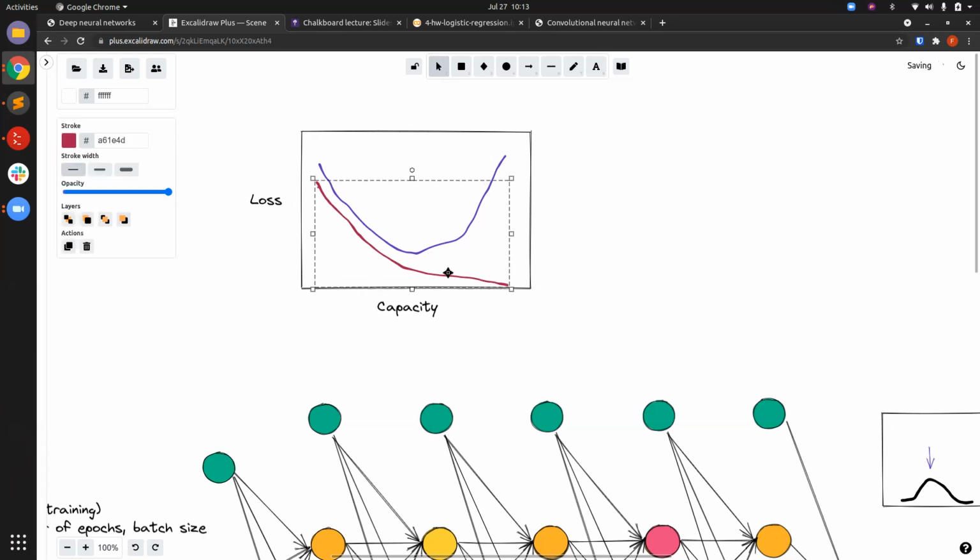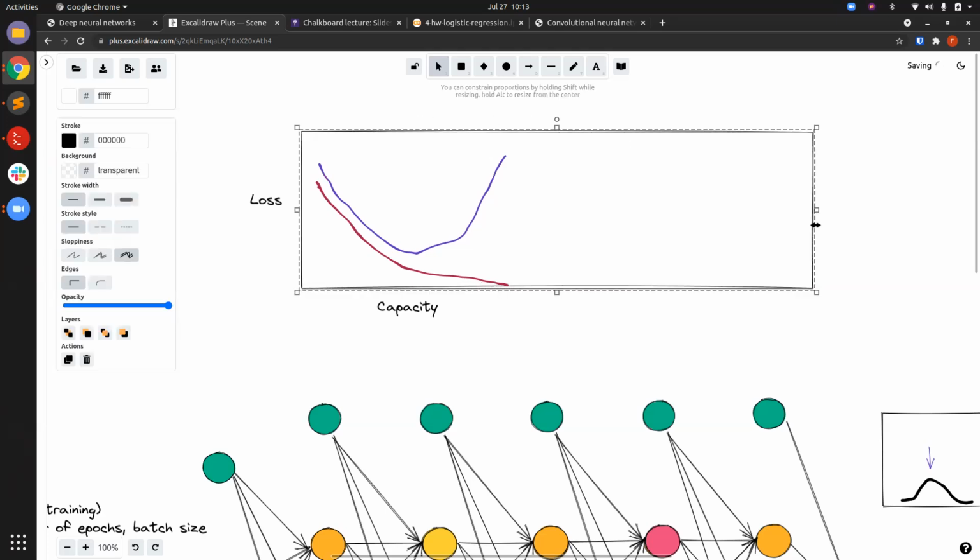This red line here is the training error. The purple line is the test error. We said that this happens because as you increase the capacity of the model to learn complicated functions, it starts to tune itself to noise in the training data, instead of approximating the true function. Eventually you reach a point where it can approximate the training data exactly, but it's not very good at generalizing.